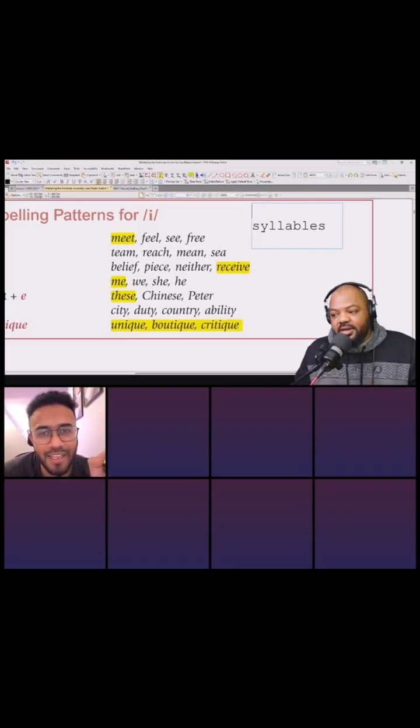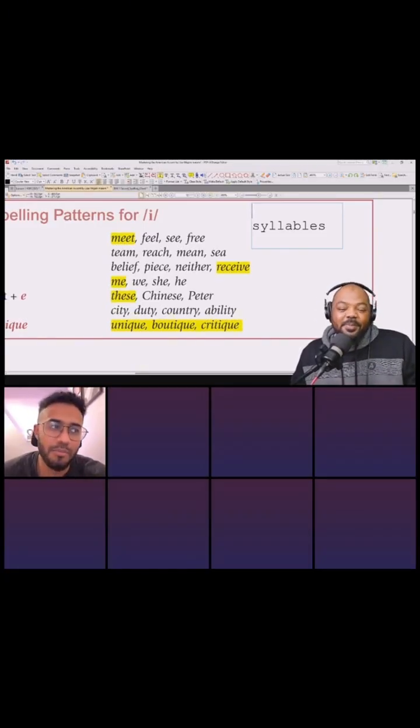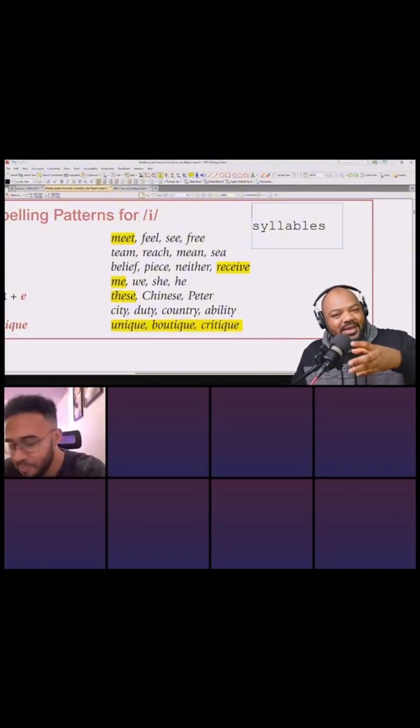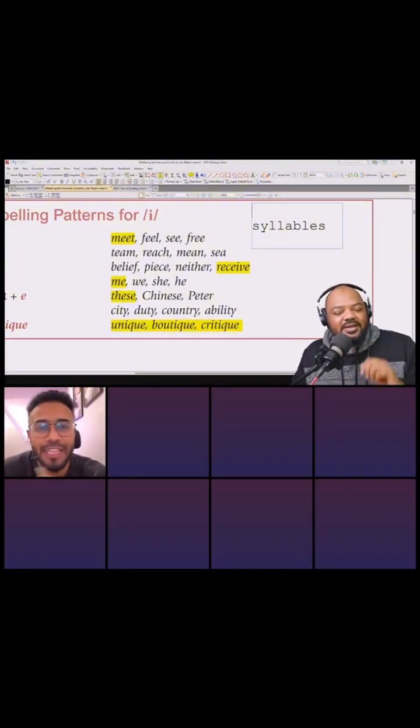Boutique. Very good. Perfect. Now, this is an issue. Why is it an issue? Because we have this word in Sudanese, but we pronounce it differently. So we have to unlearn that pronunciation and learn boutique. Perfect.